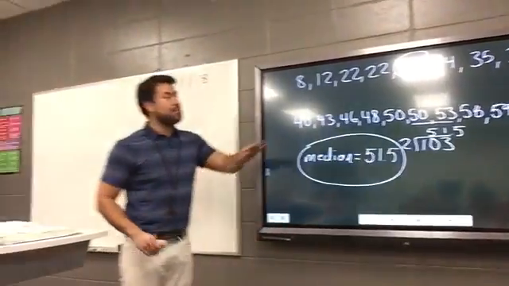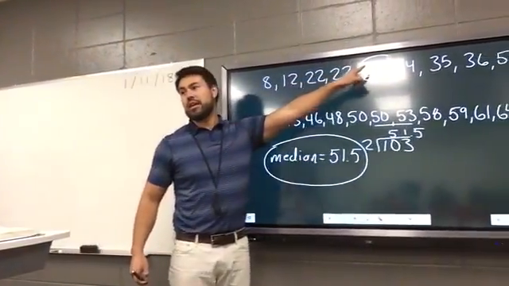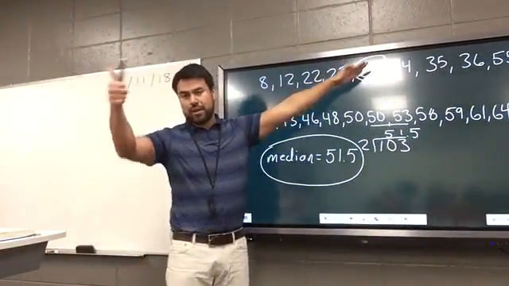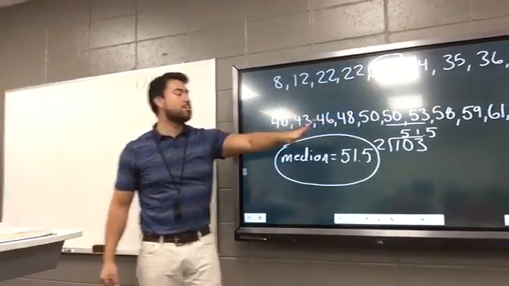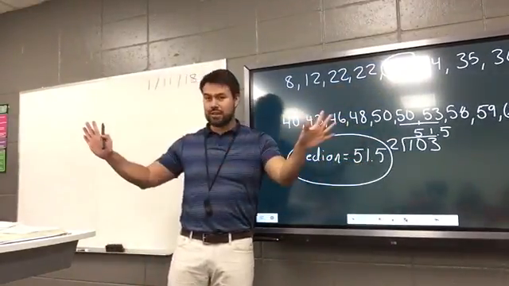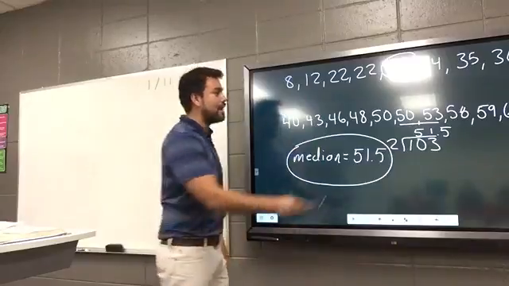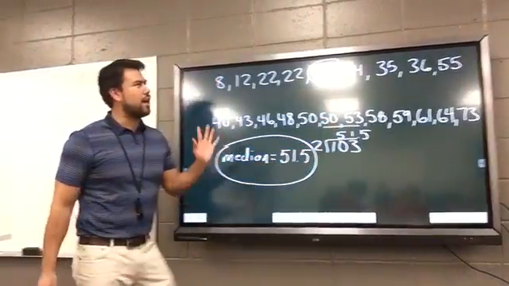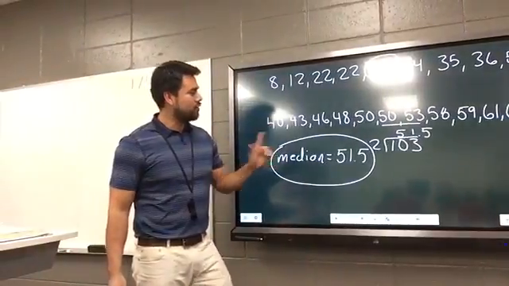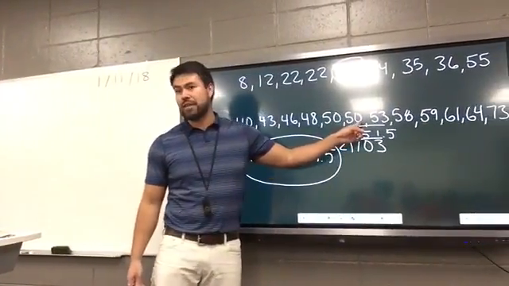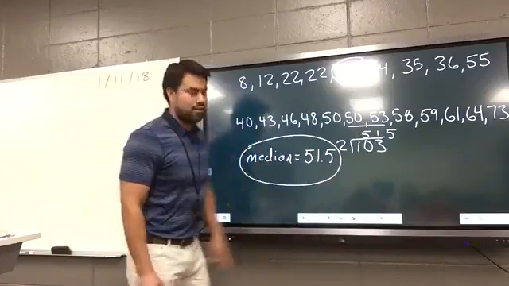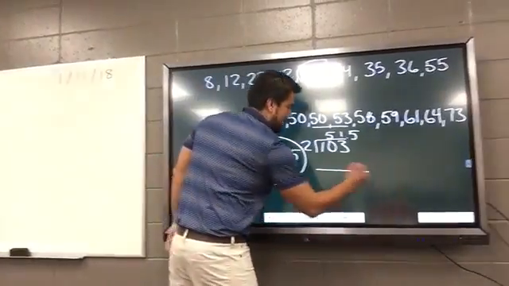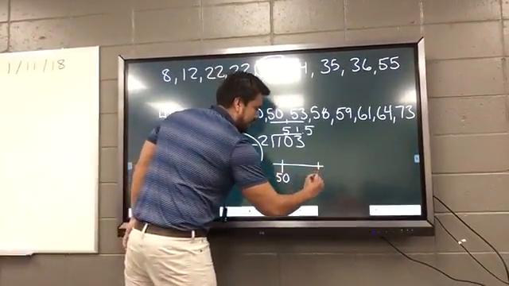So, can the median be one of the numbers out of your list? Yes. Can the median also be a number not on the list? Yes. That's if you have an even number of numbers. It's going to be in between. So, is 51.5 in between 50 and 53? Yes. Here's 50, and here's 53.